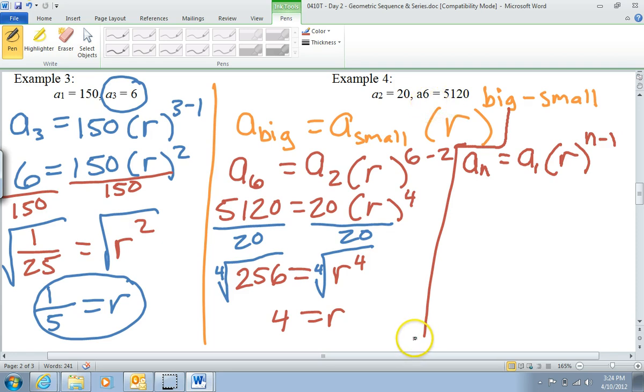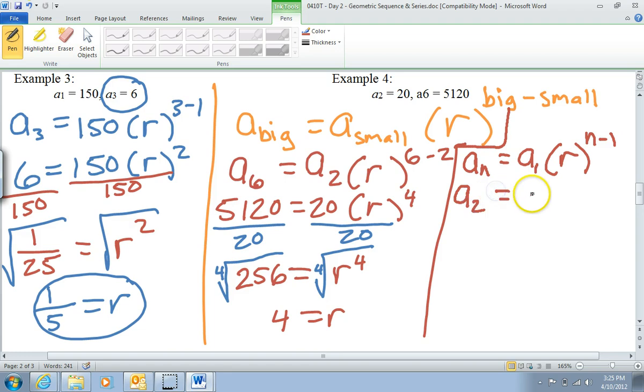Use the a2. Would I get the same answer if I did the a6, Greer? Yes. Why am I picking the a2 then? Smaller, easier. But just understand it's your choice. I just don't want you to look at it and get stuck and go, wait a minute, how do I know what to do? It doesn't matter. Just pick the smaller one, because it's easier. So that's why I'm doing A2.